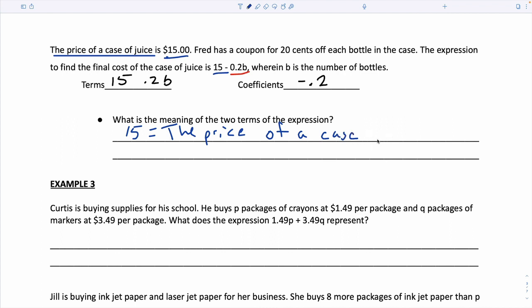And then you were going further into the whole thing, Felix, because you're like two steps ahead of us. And then what was the negative 0.2? That's the price off for each juice. They want the term, right? Or the whole thing.